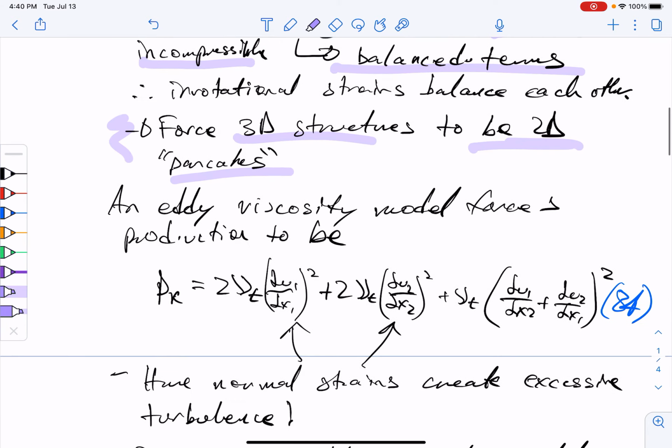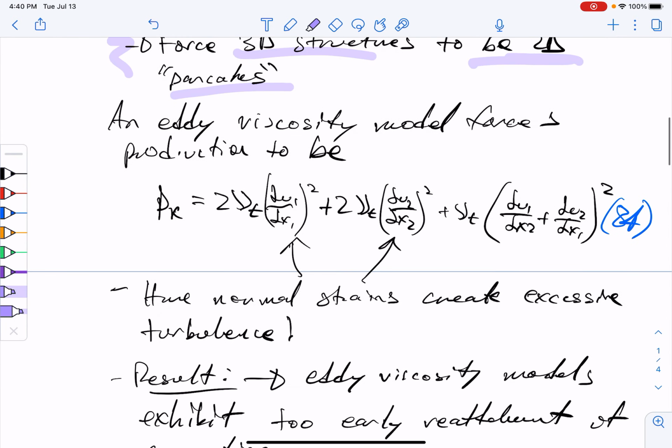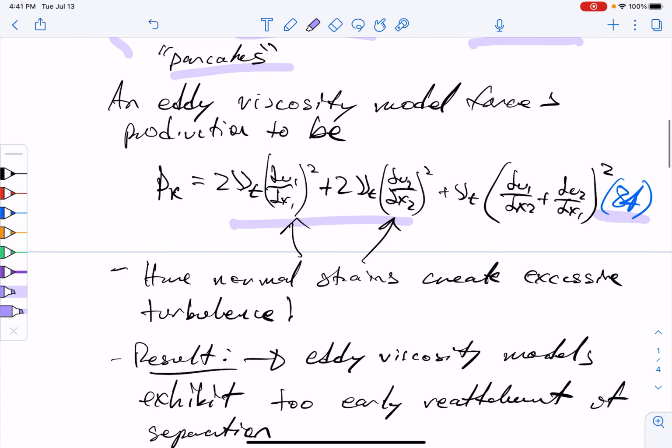And in the eddy viscosity models, the same production equation in 83 would be written as 84 here, and these normal strain terms would be written as 2 nu t of partial u partial x squared plus 2 nu t partial v partial y squared plus nu t of partial u partial y plus partial v partial x.